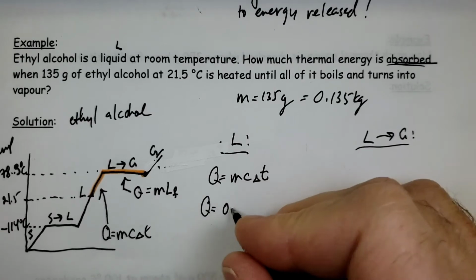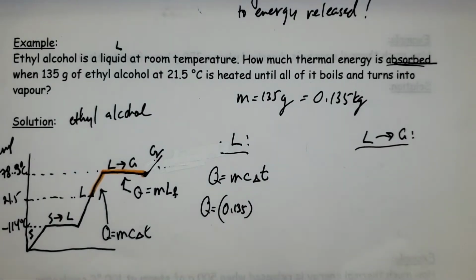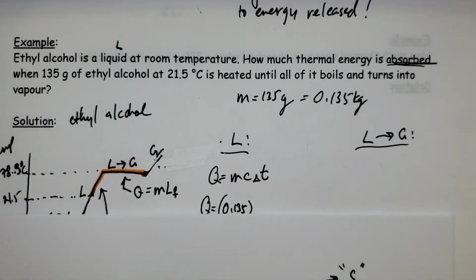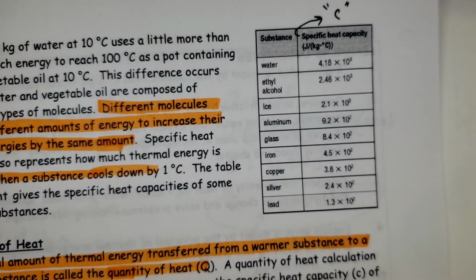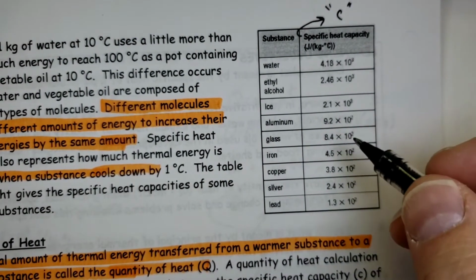So it has a mass of 0.135 kg. The specific heat, the c value for ethyl alcohol. For that, of course, we have to look back at this chart. Now I'll try to get you a paper having all this on one page so you don't have to flip back.